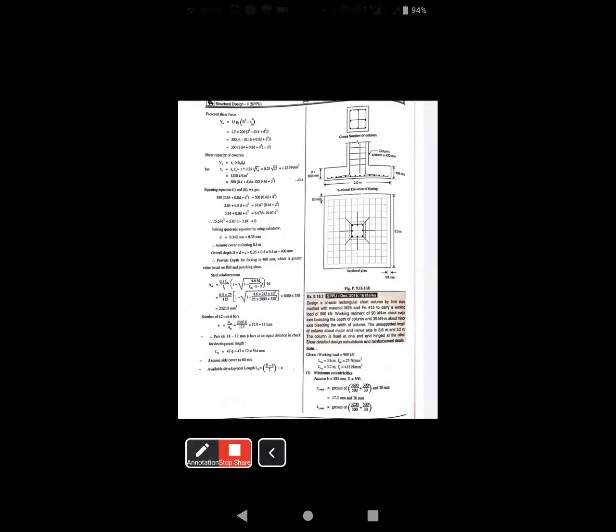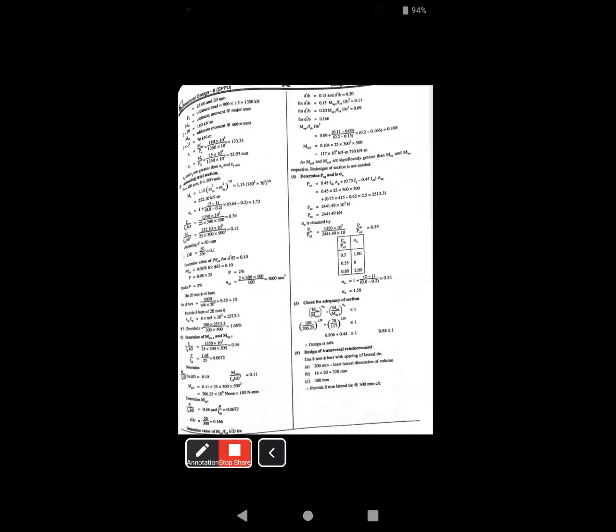Okay, that is 23.06, and 20 mm. You have to take the maximum value between them, that is you are going to take ey minimum as 23.06.